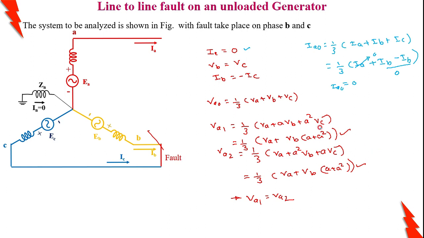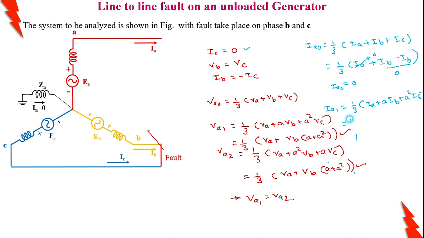Then if you are looking at the positive and negative sequence currents, first I look for the current IA1. IA1 is 1/3 (IA + aIB + a²IC).